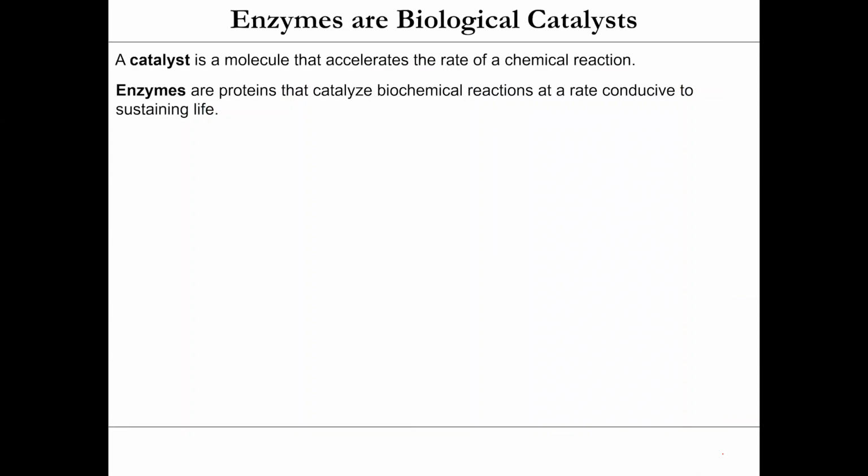Right. So to put it in the most simple terms possible, enzymes are biological catalysts. A catalyst is a molecule that accelerates the rate of a chemical reaction. And so enzymes are proteins that catalyze biochemical reactions at a rate that is conducive to sustaining life. You have billions and billions of reactions going on at any particular moment in your body.